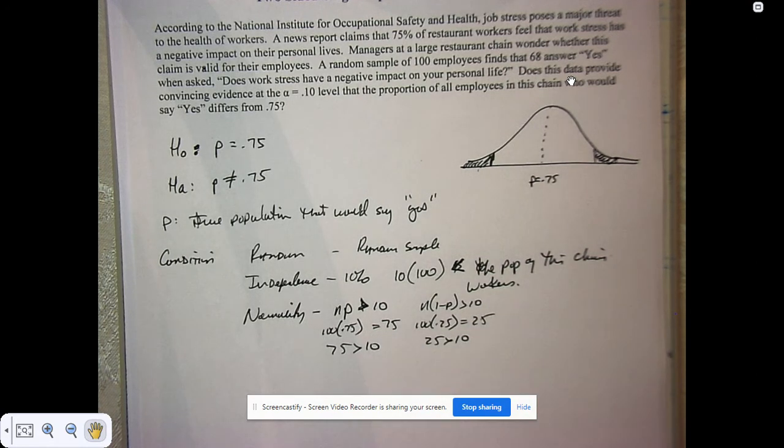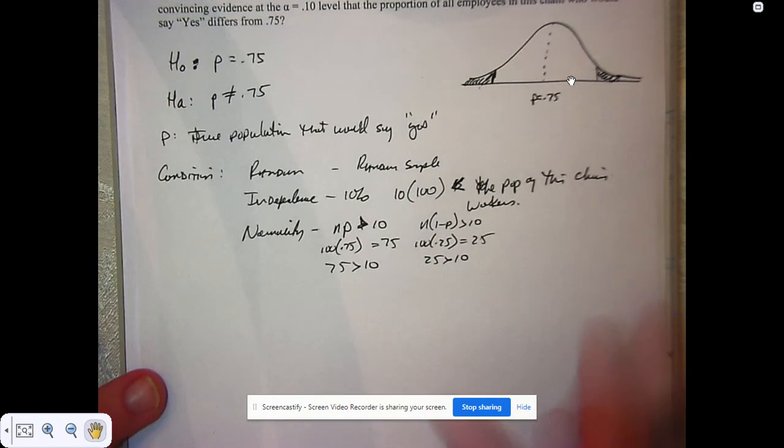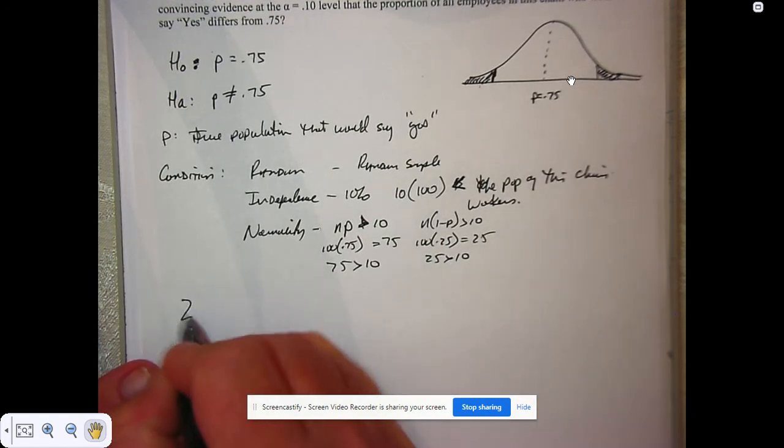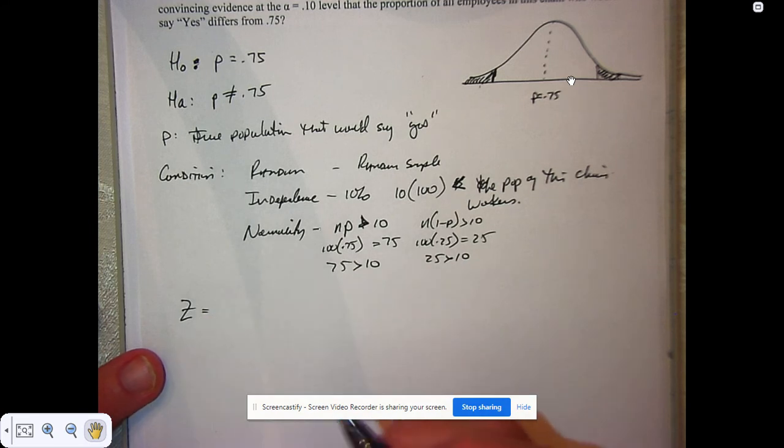Okay. All right. So all the conditions are met. We can keep moving. The test statistic, we can do this by hand, then we'll check it with the calculator. Okay.